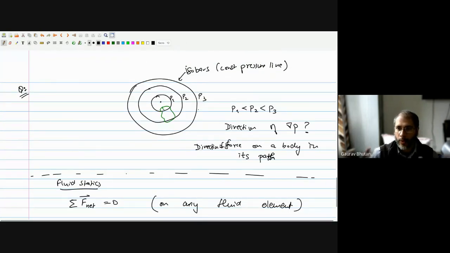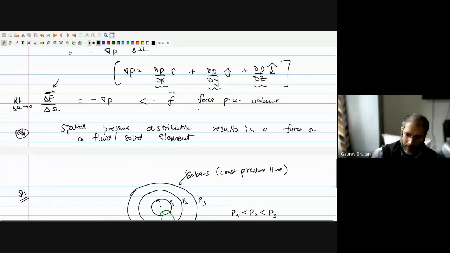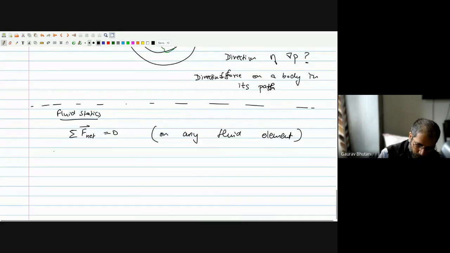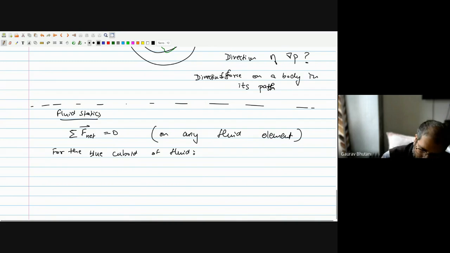The fluid around this blue volume does have a net force because of pressure. So for the blue cuboid of fluid, let's apply this fluid statics equation. What are the forces acting on it?